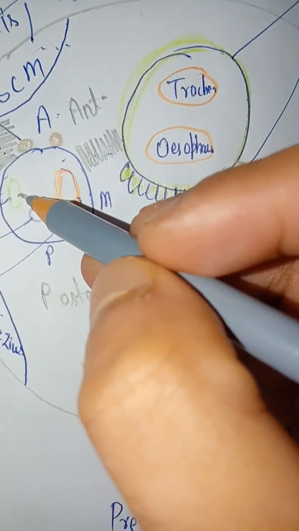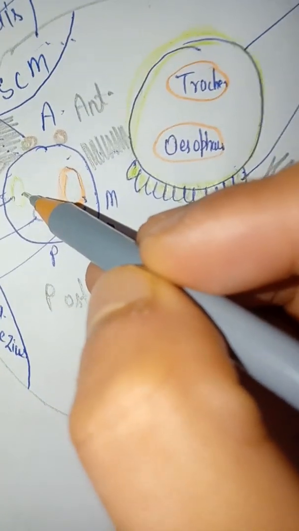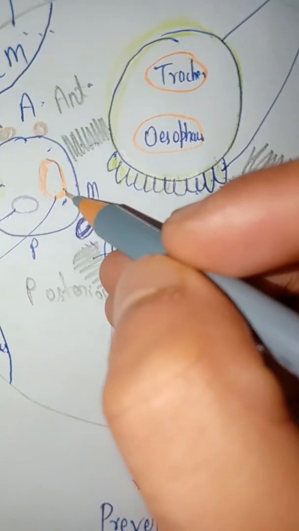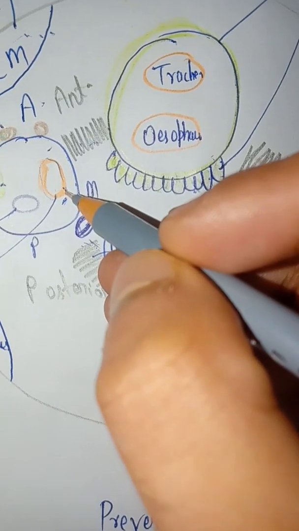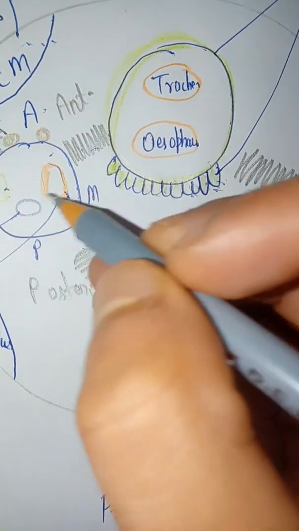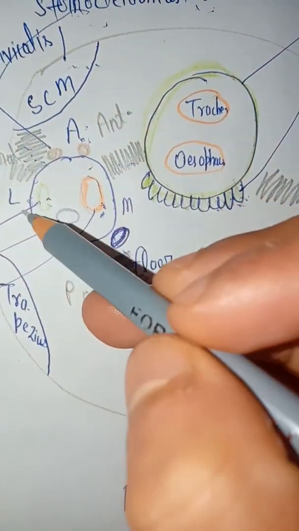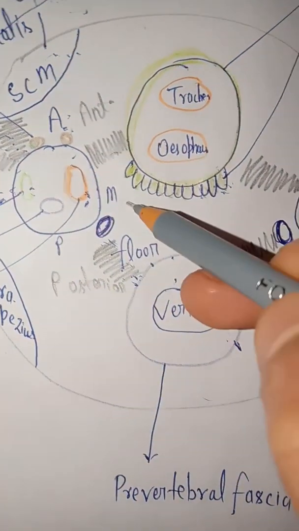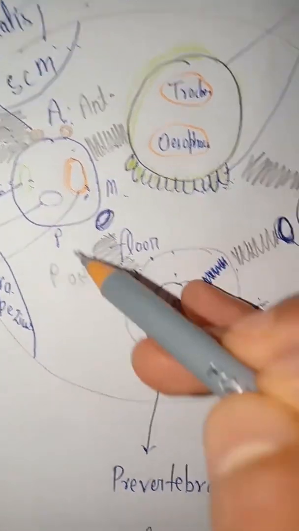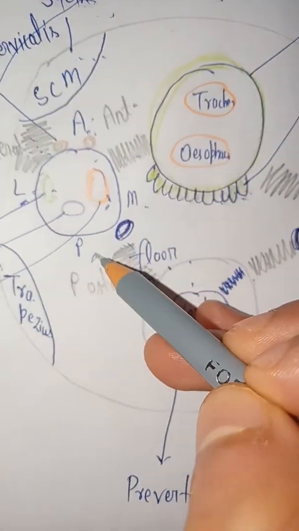The internal jugular vein, coming from the sigmoid sinus through the jugular foramen, and this is the internal carotid artery, the continuation of the common carotid artery. You can see the anterior, lateral, medial and posterior boundaries of the common carotid artery.